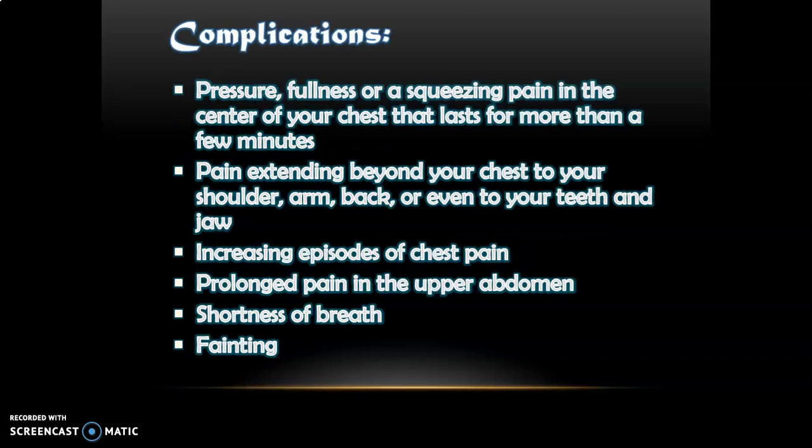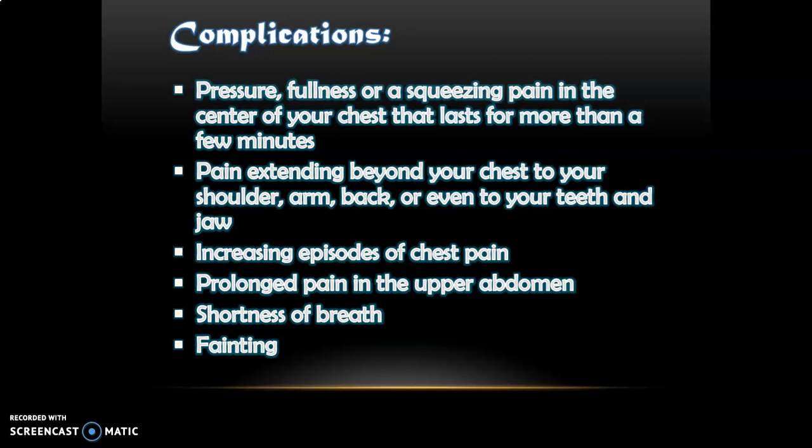Now let us see the different complications which arise during angina pectoris. There is a pressure, fullness, or squeezing pain in the center of your chest that lasts for more than a few minutes, or the pain extends beyond your chest to your shoulder, left arm, back, or even your teeth and jaw.